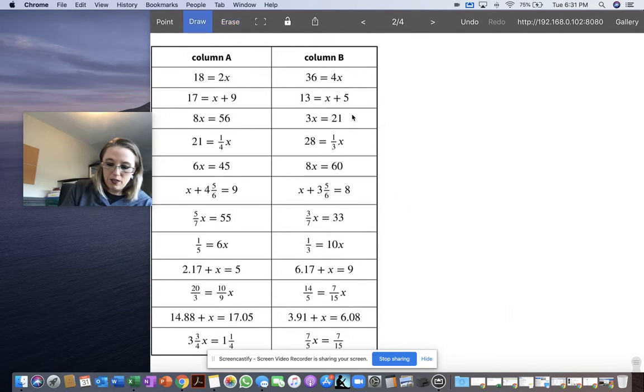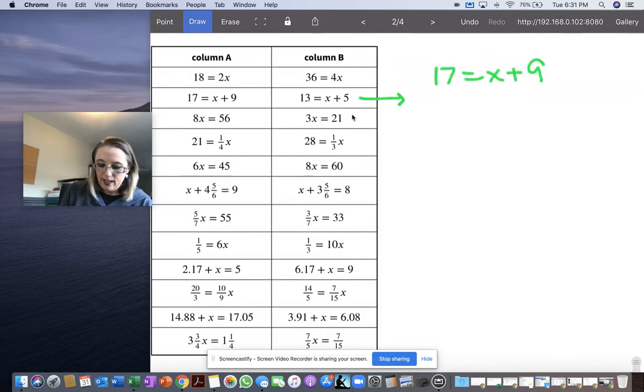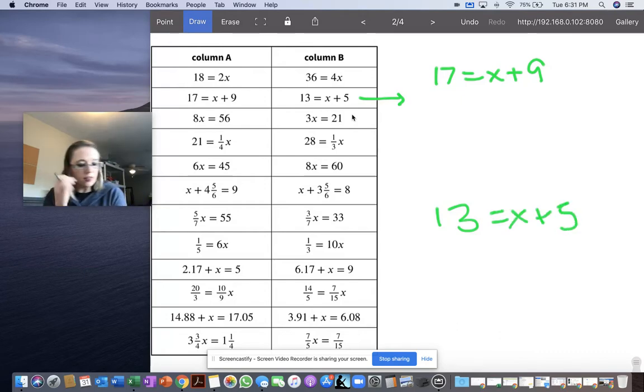So number 2, 17 equals x plus 9, and 13 equals x plus 5. Okay, so here we go. Now, the x term in both of these is held by addition. So what is the opposite of addition? It's subtraction.